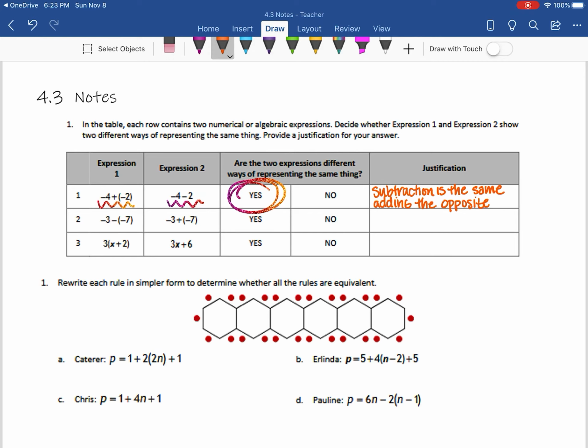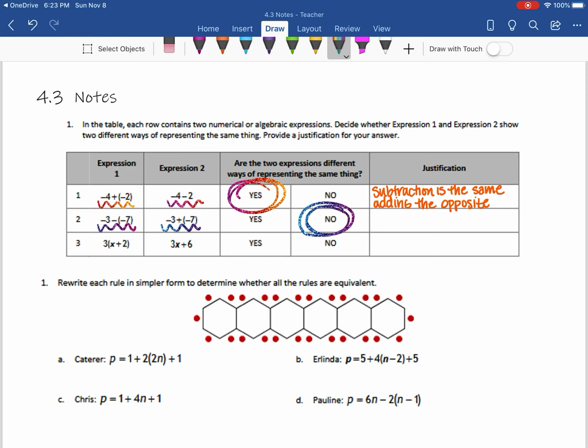Okay, the second one, negative 3 minus negative 7 and negative 3 plus negative 7. When we look at that, we can use the same justification, that subtraction is the same as adding the opposite. So these actually are not equivalent.